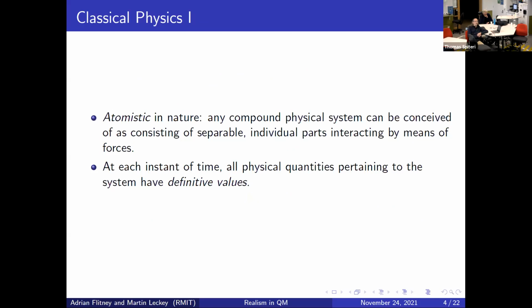Next slide. In classical physics, we have come to a view of several features of reality. One is that it's atomistic in nature. We can keep dividing things up until we get to some component parts of the system, which are separate individual parts, and they interact by means of forces. At every instant in time, all physical quantities pertaining to a system have definitive values.